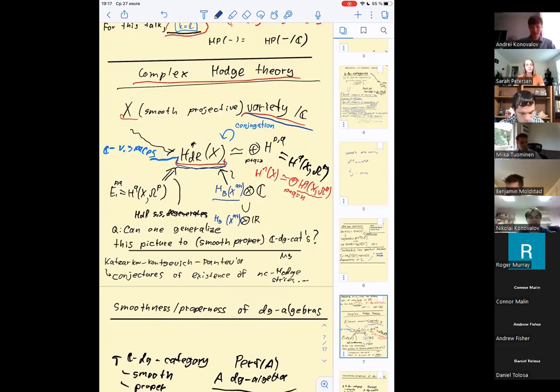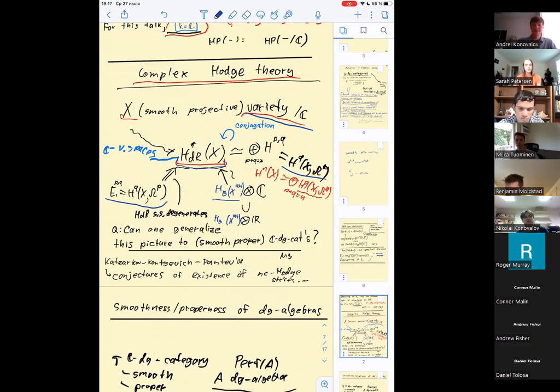One would like to define differential forms for general dg-algebras, define the de Rham complex, and define this filtration, which gives you this spectral sequence and corresponding decomposition, and so on. And one could think that it's too courageous, that one cannot hope for such a thing.